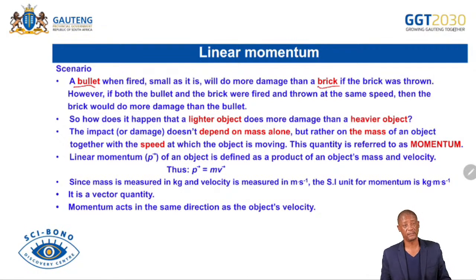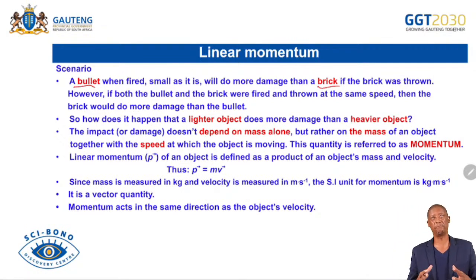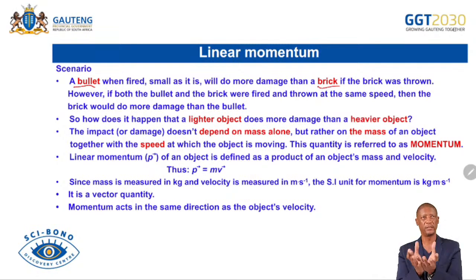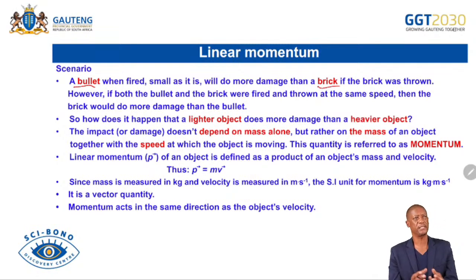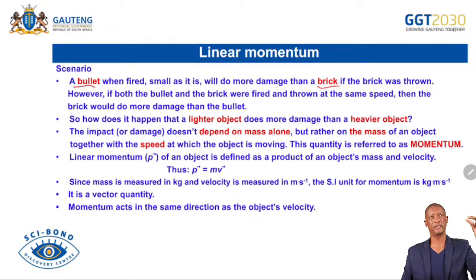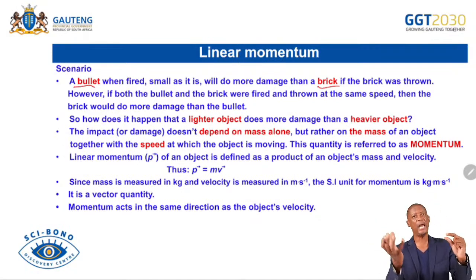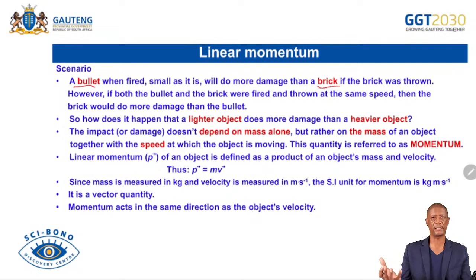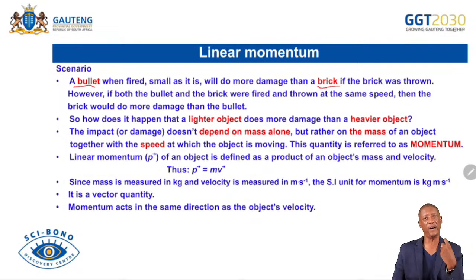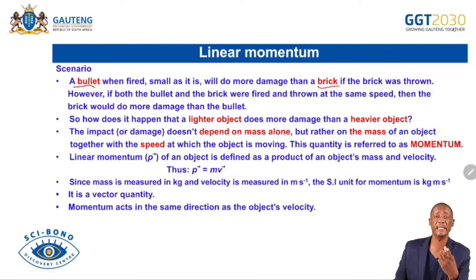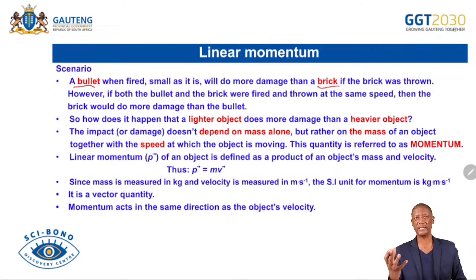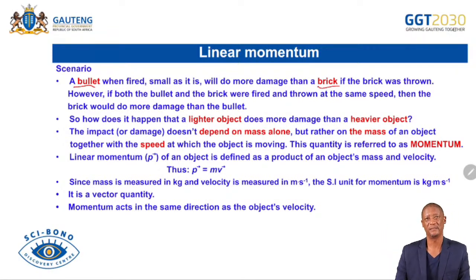That's strange. Remember, a brick, we are thinking of a huge thing. A bullet is just a tiny little thing. So now we have a huge brick and the tiny little thing we call the bullet. But when the bullet is fired, it can kill. But when the brick is thrown, it cannot kill you, maybe. For now, let us put it like that. It can just cause injury.